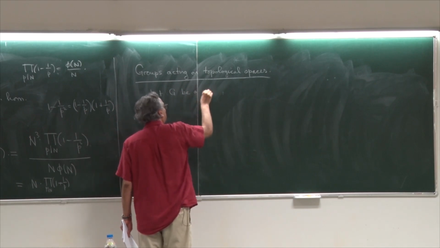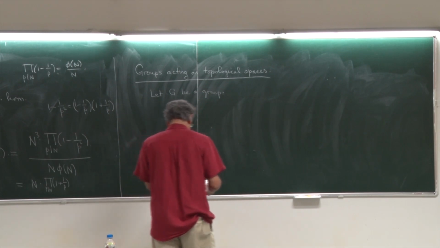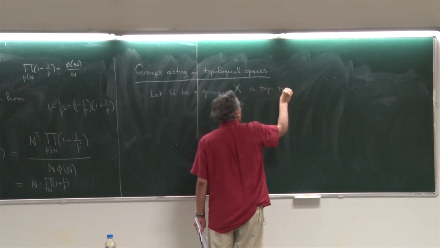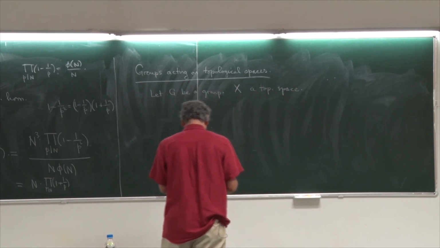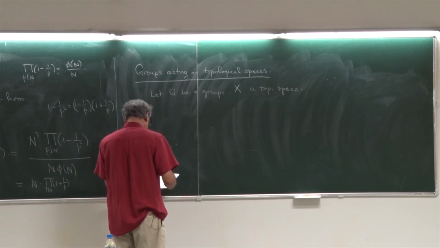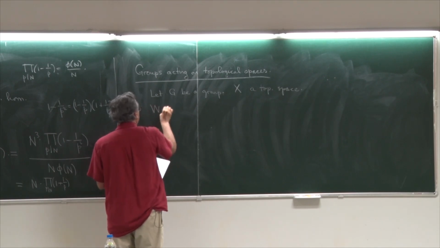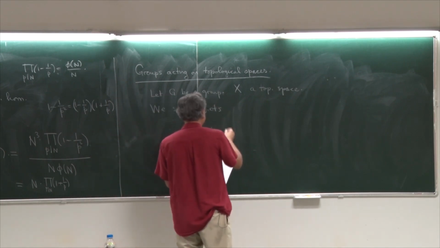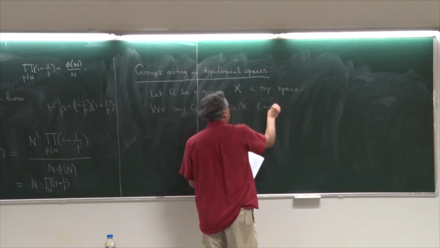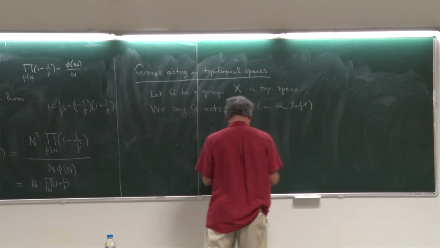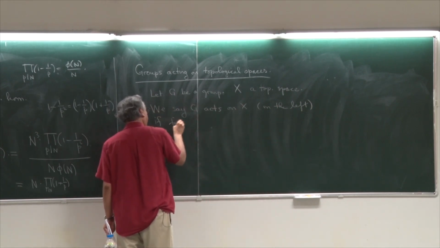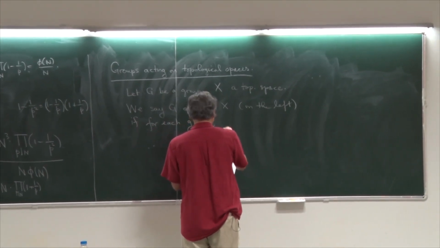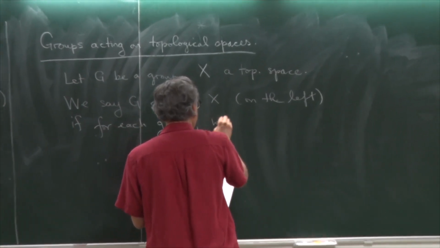Let G be a group, and X a topological space. We say that G acts on X on the left if for each g and x in X, for each g we have a continuous map.